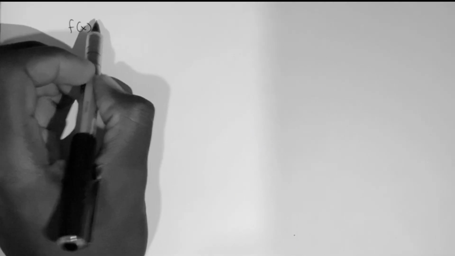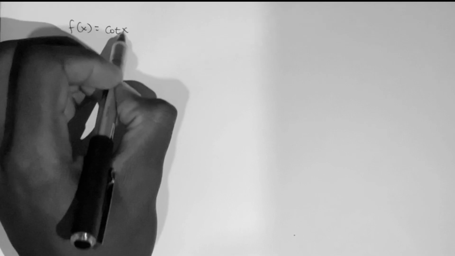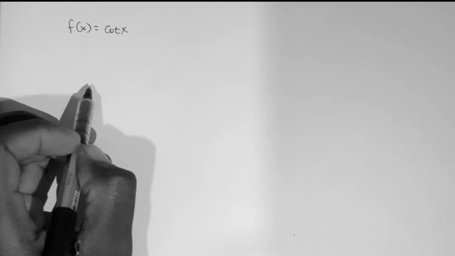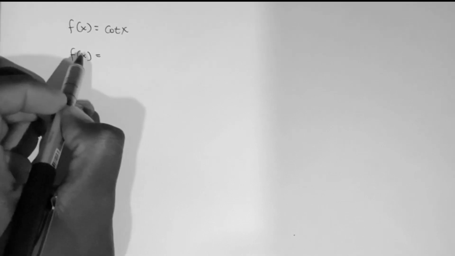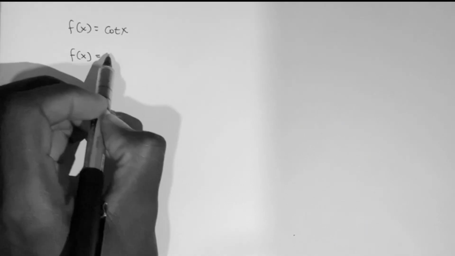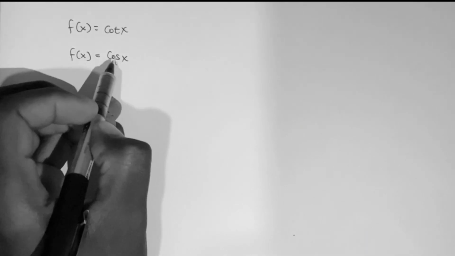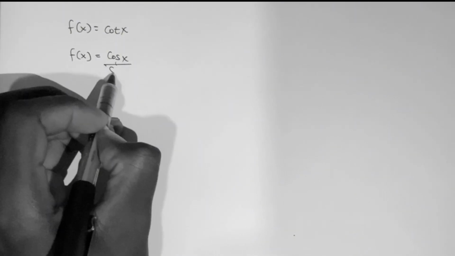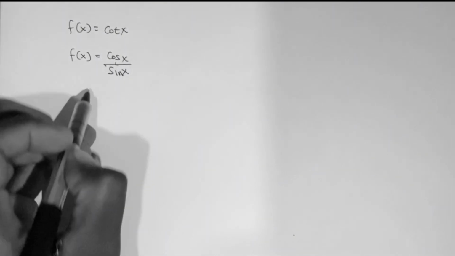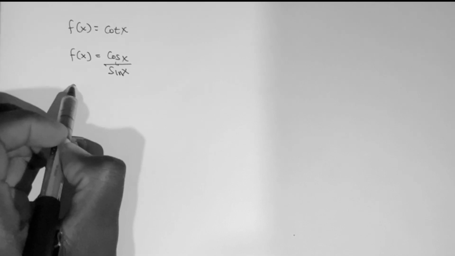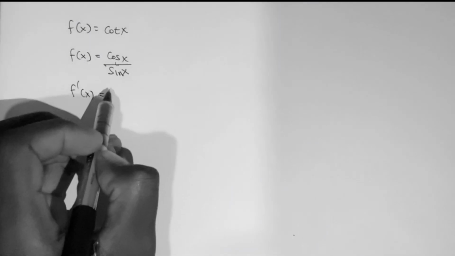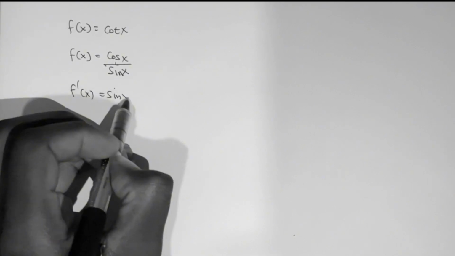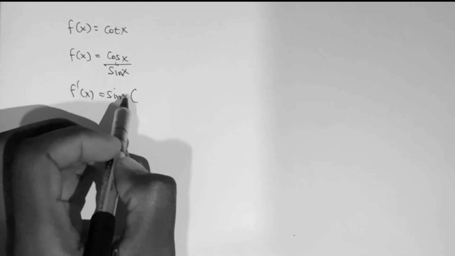So what if f of x is equal to cot x? What is the differential of cot x? So in this case, f of x is equal to cot x, which is the same as cos x over sin x. So now f prime of x is equal to, maintain the denominator, which is sin x, then differentiate the numerator.